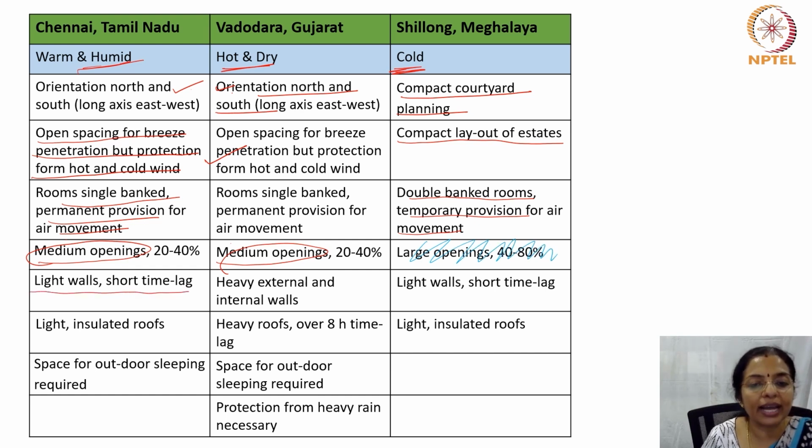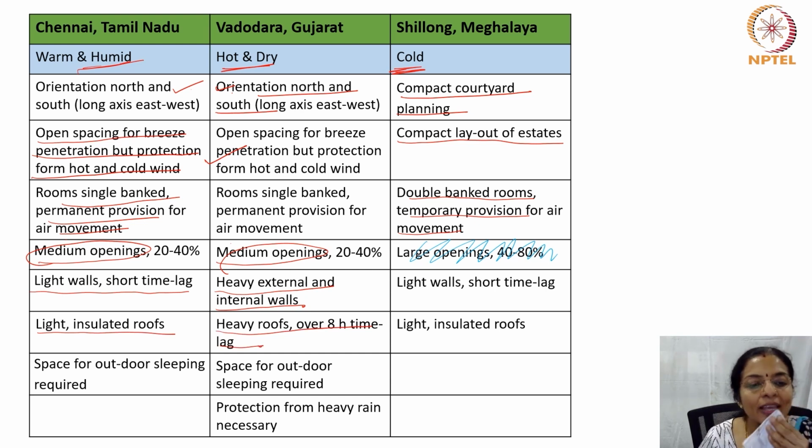And for hot, dry, it should be heavy external and heavy internal wall. Whereas for Shillong, it should be light walls with short time lag. Again, roof for warm, humid is light insulated roof. Whereas for Vadodara, it is heavy roof with 8-hour time lag. Whereas Shillong, it says light insulated roofs.